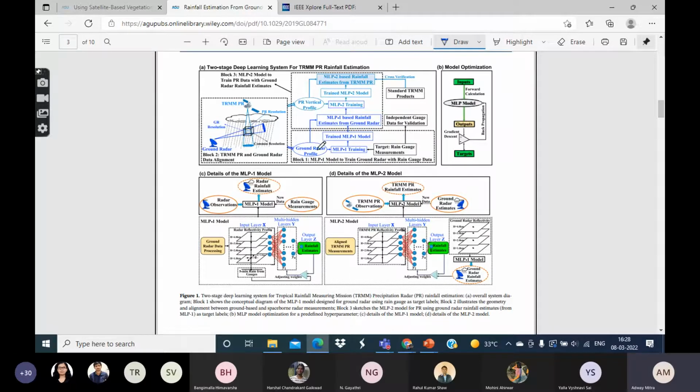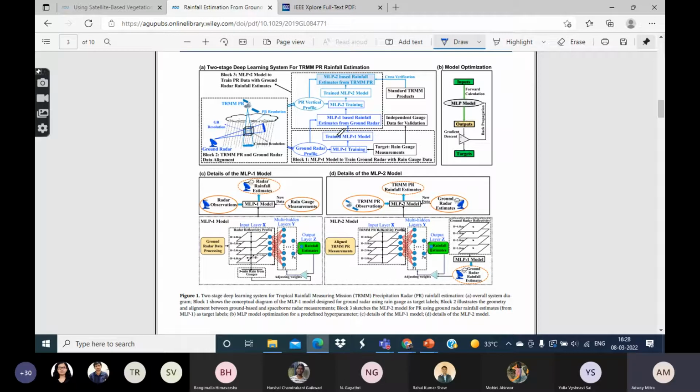So what is done is they use a neural network, especially an MLP. MLP stands for multi-layer perceptron, which is a straightforward neural network using mostly fully connected layers. The multi-layer perceptron is used to map these ground profile observations from the radar to predict the rainfall values at different locations.